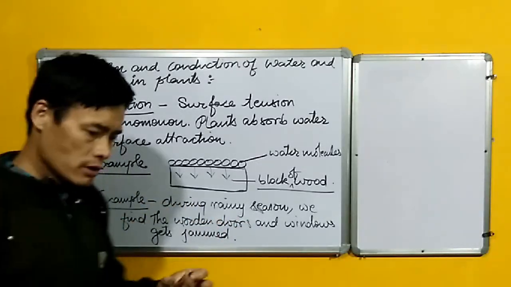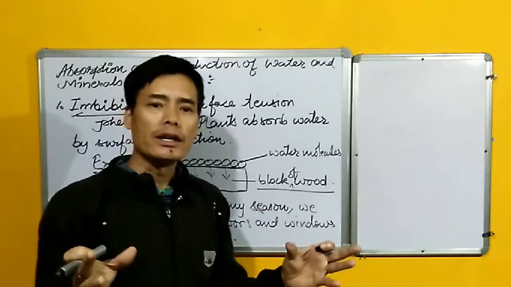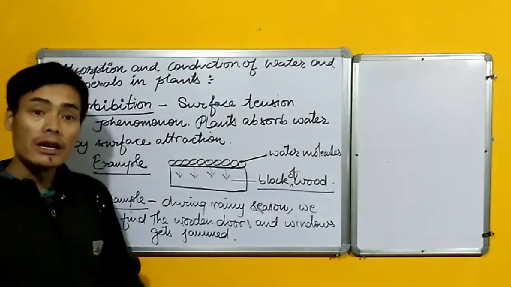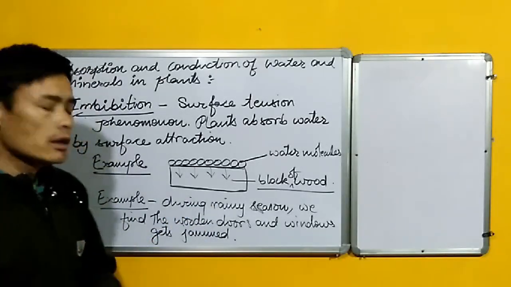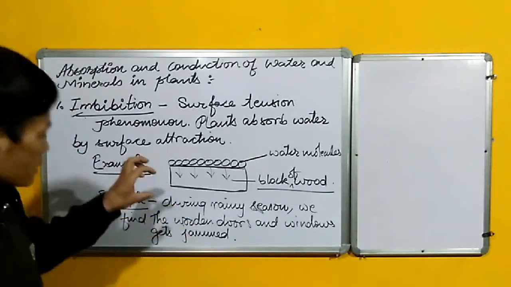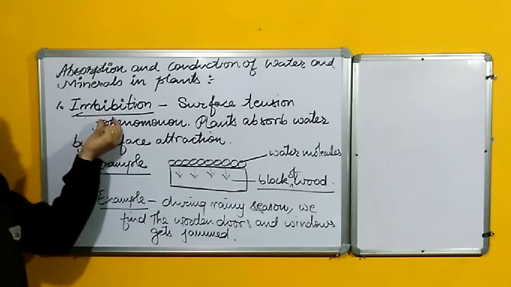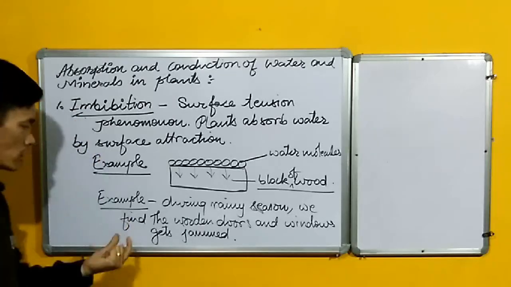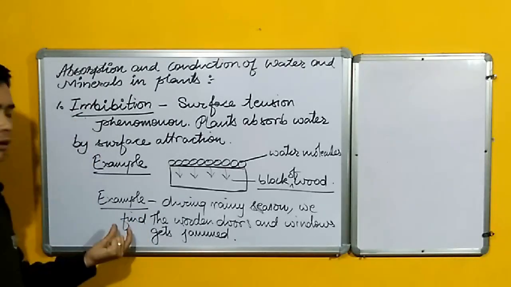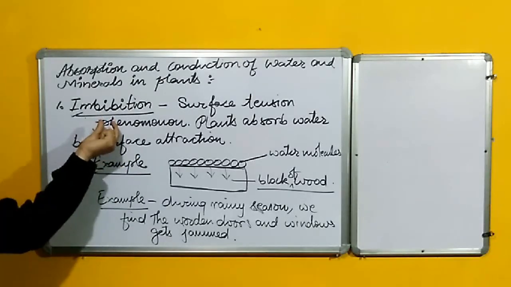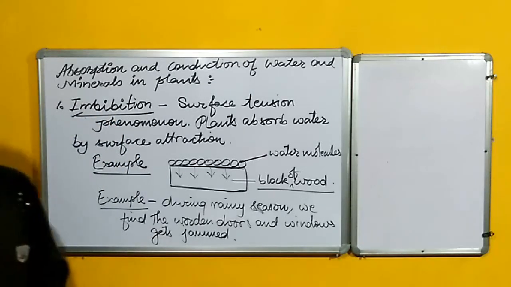And thus, due to swelling, the wooden doors and windows during the rainy season get jammed. This is happening due to the phenomena called imbibition. So this would be another example which will enable us to understand what is imbibition.